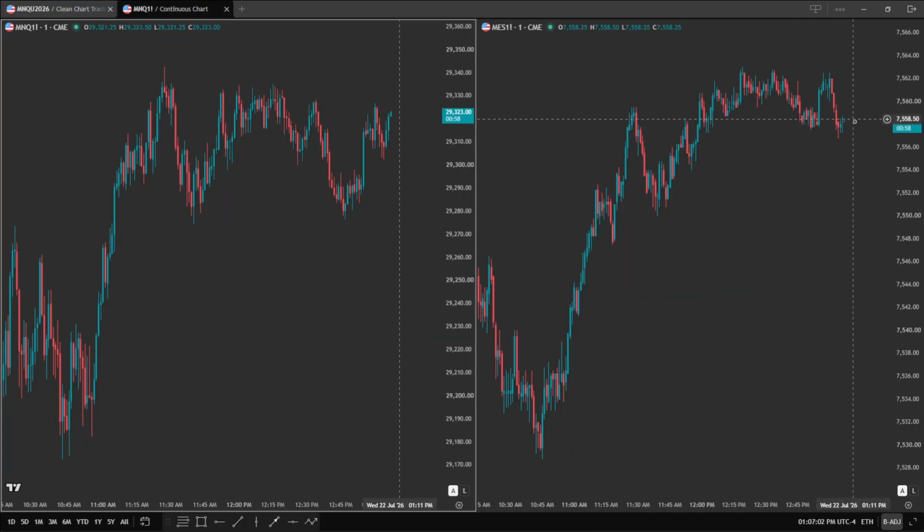Again, ES is just looking pretty good here, and NQ, not so much.